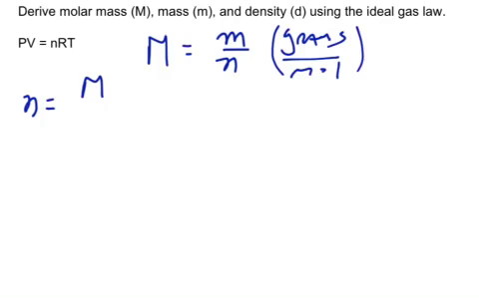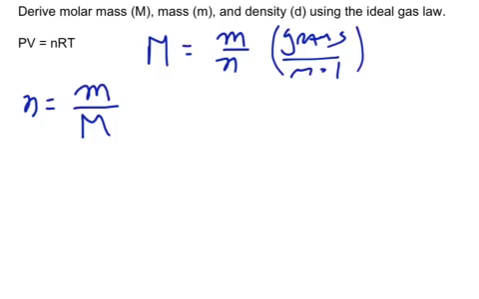and it's going to tell us that number of moles equals, oh, sorry, I got that a little bit backwards here. It's going to equal little m, mass, over big M, molar mass. Now, that's the trick we use to derive all these equations.